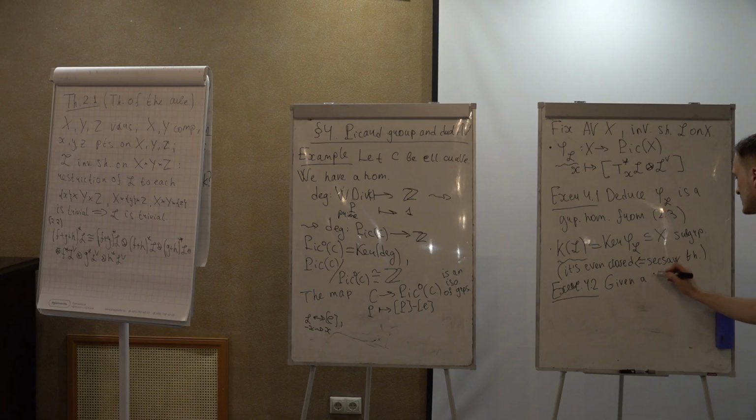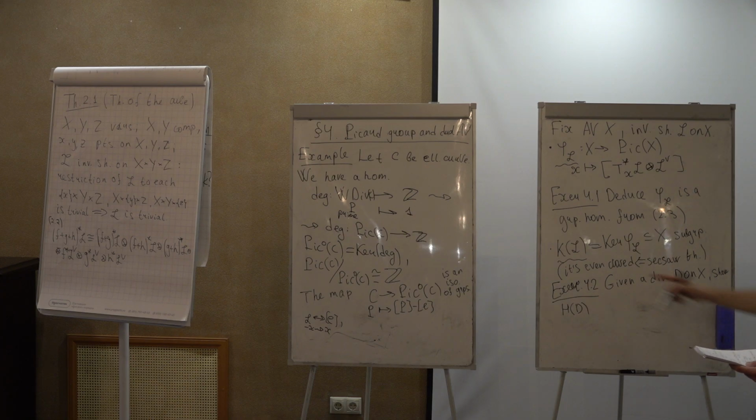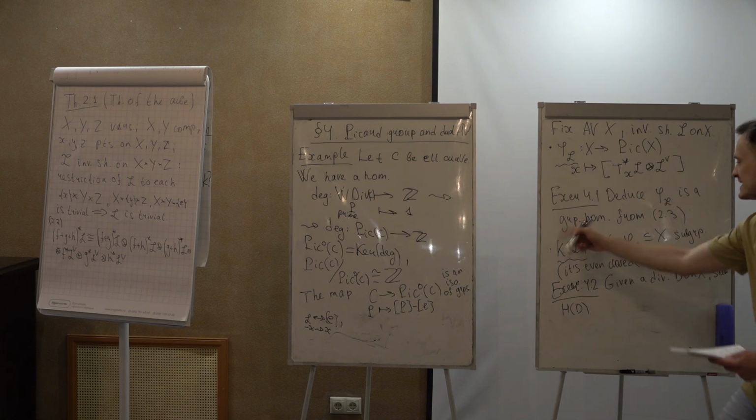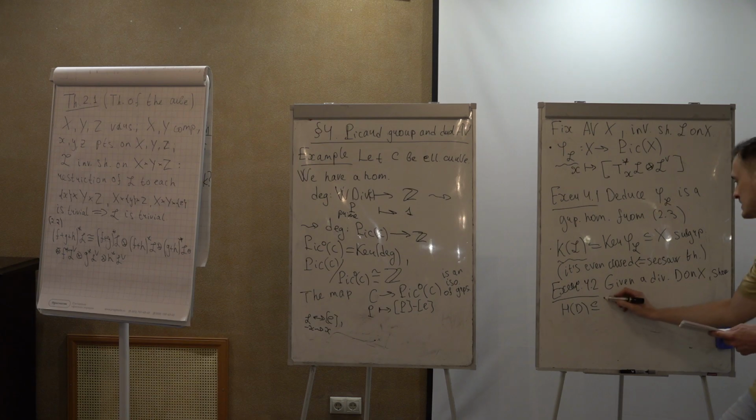Given a divisor D on X, show that we have this H of D, and we have the sheaf corresponding to the divisor. So we have L and we have its K. It turns out they're related like this: H of D is contained in the corresponding K of L, that is L of O_X(D).